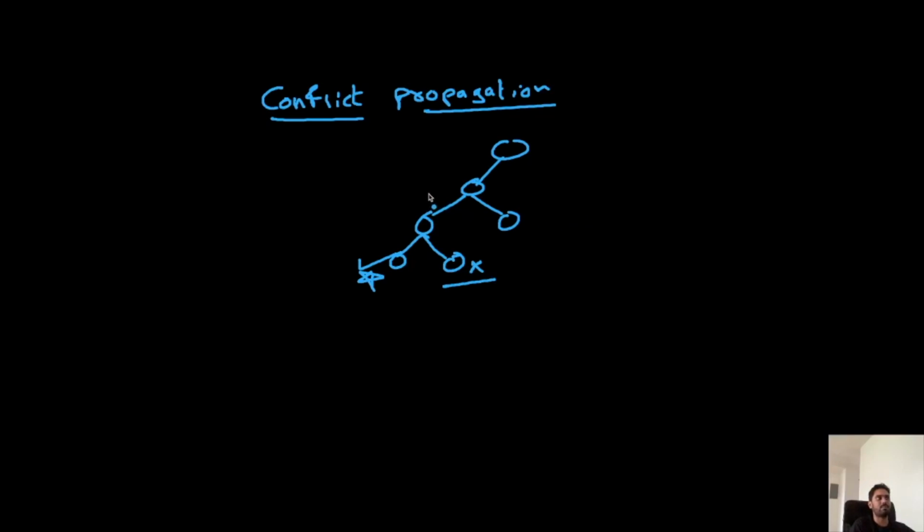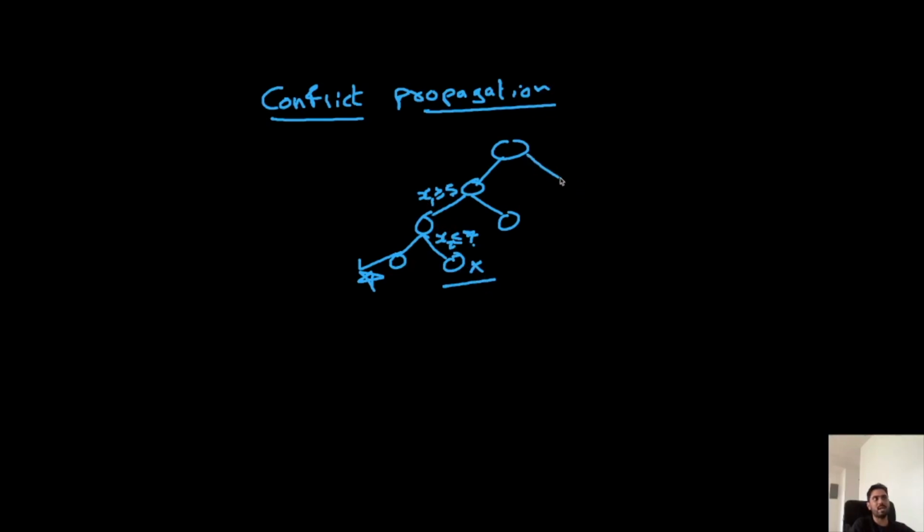For example, let's say we reached this branch by x1 greater or equal to 5, and x2 less than or equal to, not 3, let's say 7, right? Because of these two decisions, they are contradictory to each other. That's why we reach infeasibility.